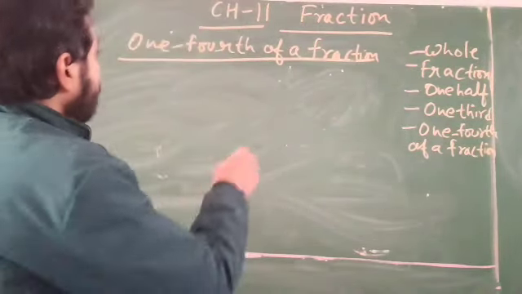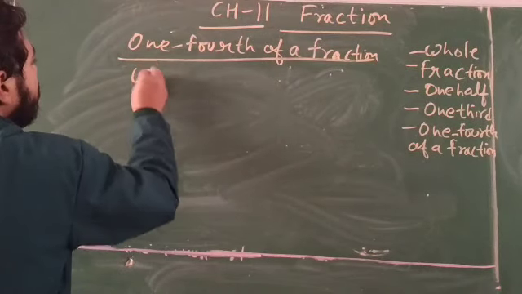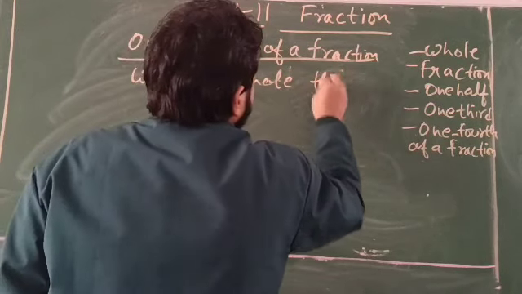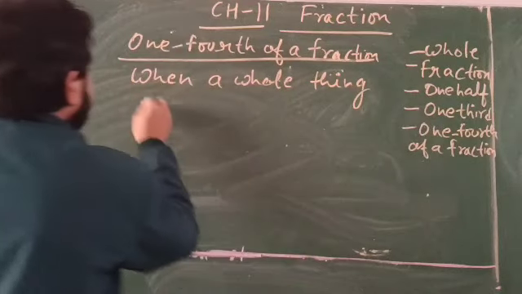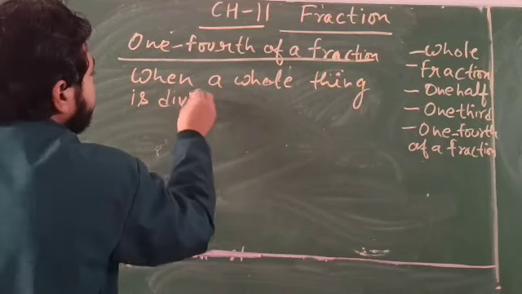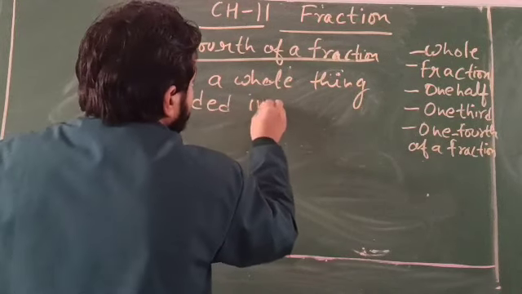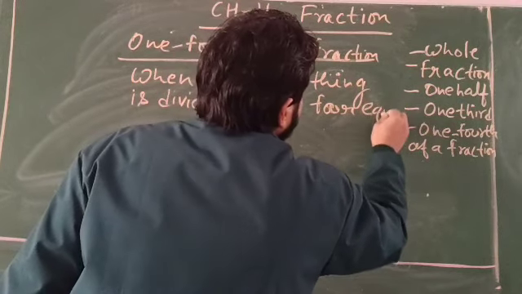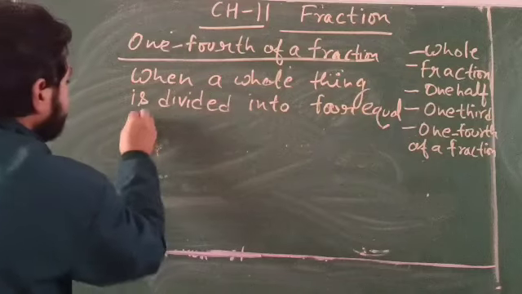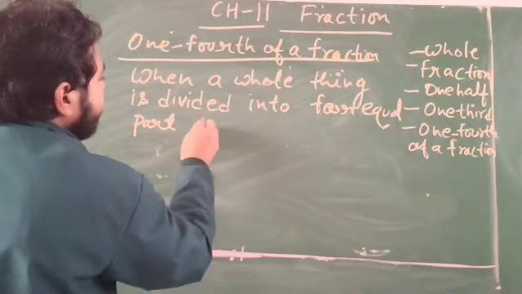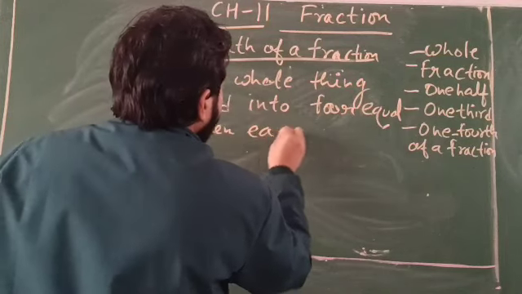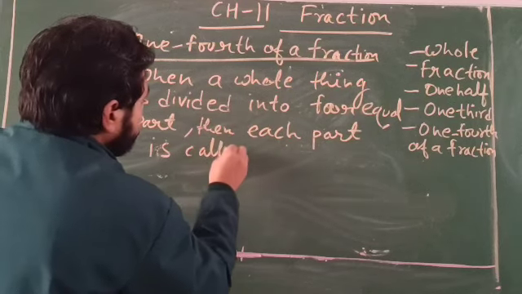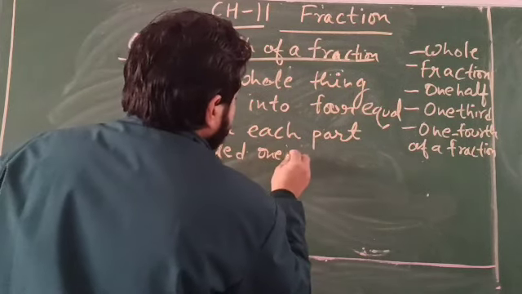So let's take the definition. When a whole thing is divided into 4 equal parts, then each part is called 1/4.